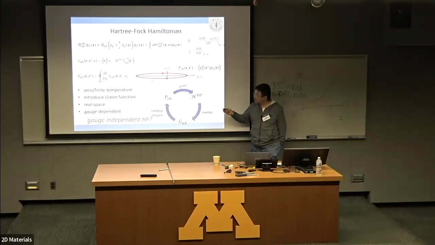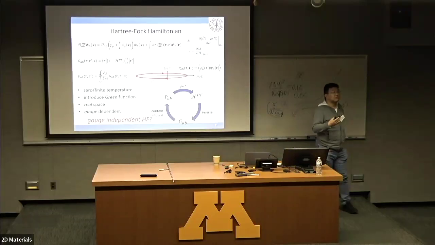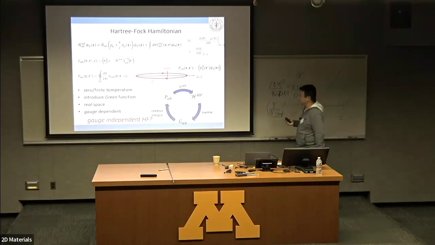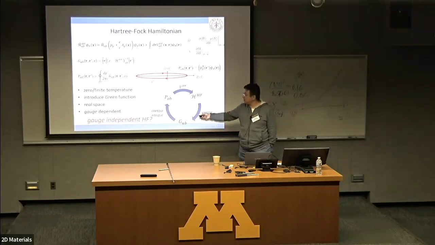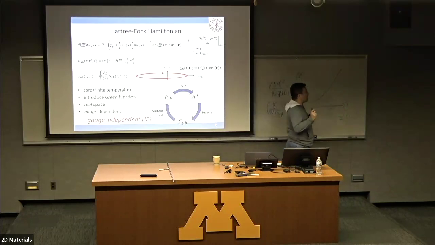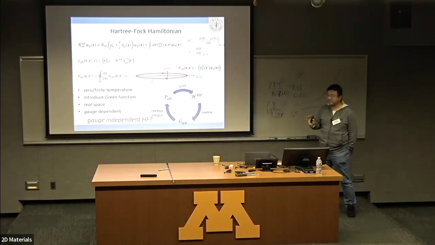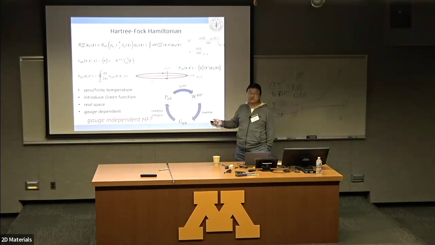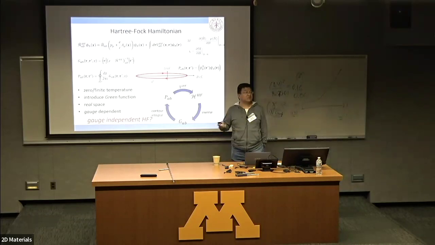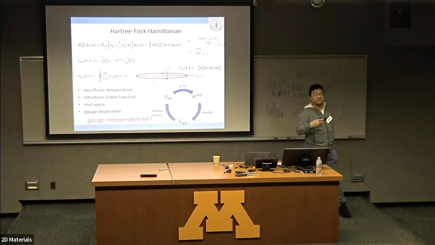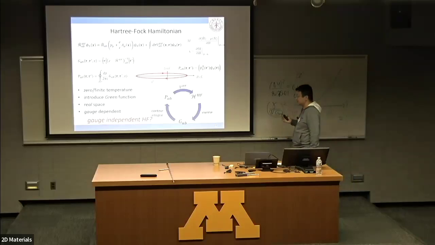However, I just want to point out several things about this Hartree-Fock approximation. One thing is that in the middle of this loop, I introduced this Green function, and if you look at everything, including the Hartree-Fock potential, this density matrix, and the Green function, they're all written in real space. Also, in principle, the whole thing can still be done even when the magnetic field is present.